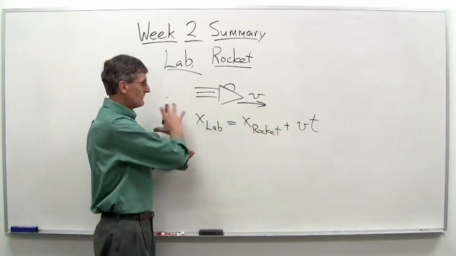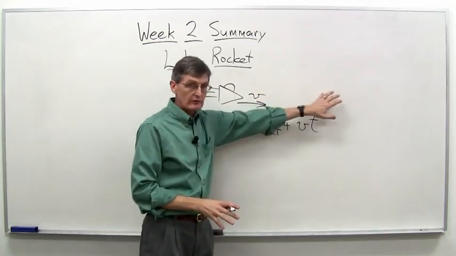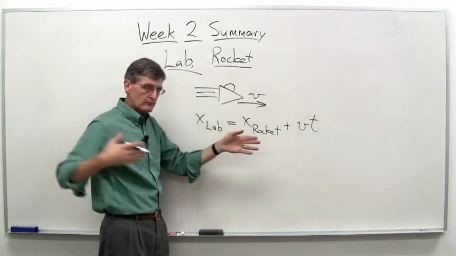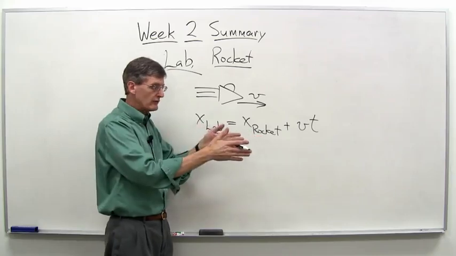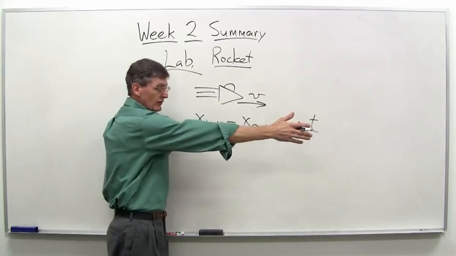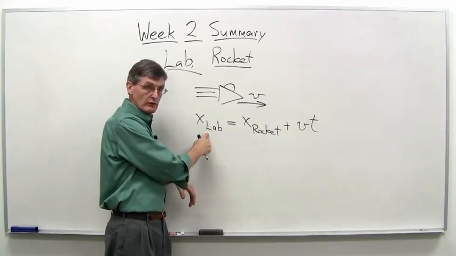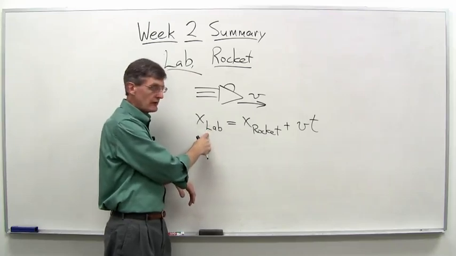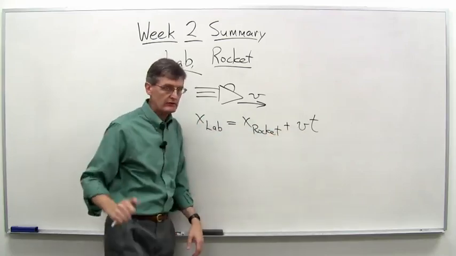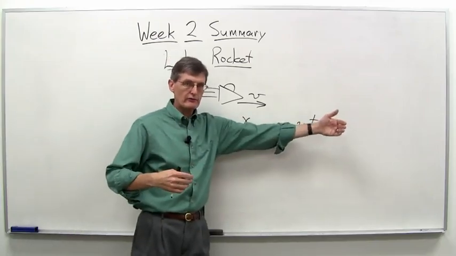So again, lab frame, rocket moving to the right. They start at t equals 0 right next to each other. The rocket's coming by, and then right at t equals 0, it passes by the origin there, and then continues in that direction. So the lab value here for the location of whatever event occurs that's been measured in the rocket frame is going to be greater by vt than what it is in the rocket frame, because the rocket is going off there to the right in the positive x direction.